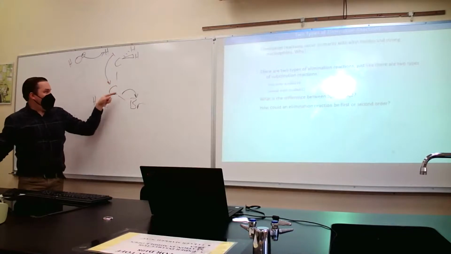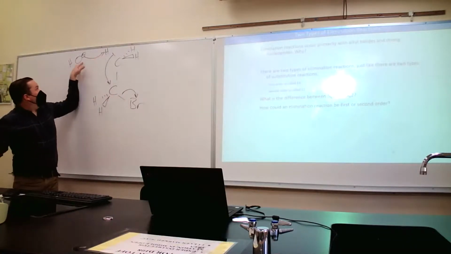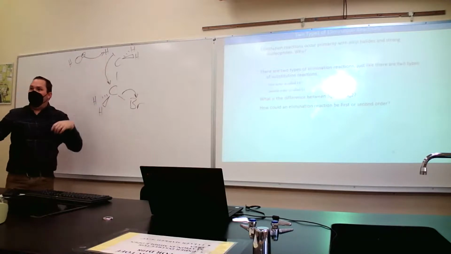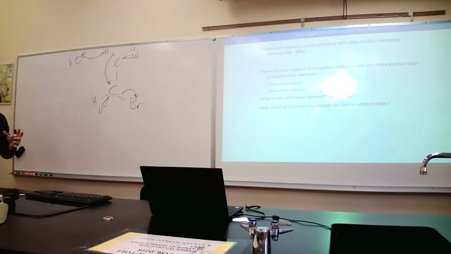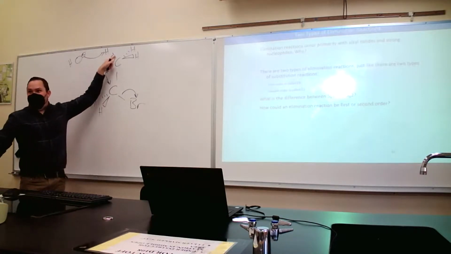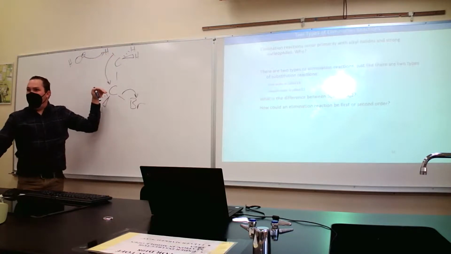At the exact same time, this orbital starts to look like the anti-bonding orbital, and this bonding orbital starts to form. So you can actually wind up with some really weird looking orbitals at the transition state, because it'll actually look like this sigma bond is also half of a pi bond.